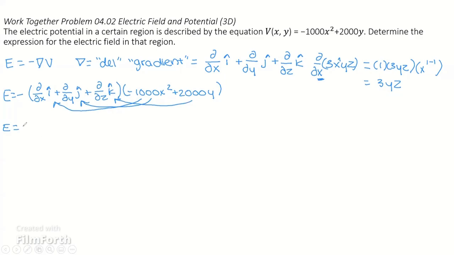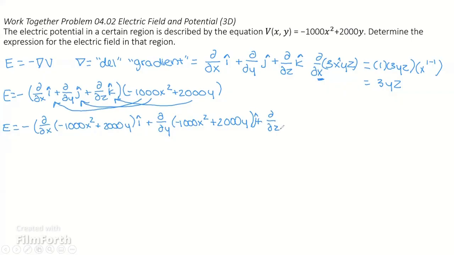So we have negative ∂/∂x of (negative 1000x squared plus 2000y) i hat plus ∂/∂y of (negative 1000x squared plus 2000y) j hat, that should be a j hat in there, plus ∂/∂z of (negative 1000x squared plus 2000y) k hat.